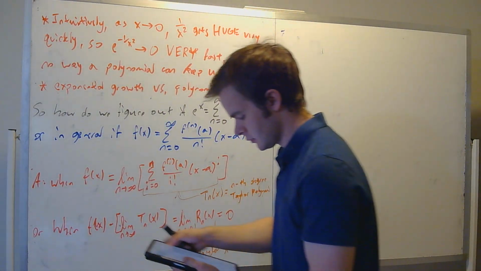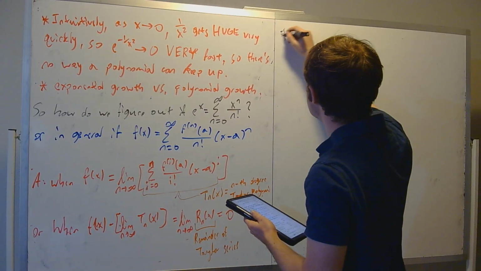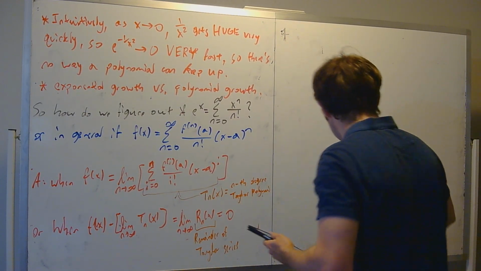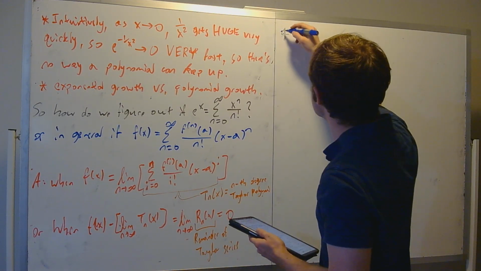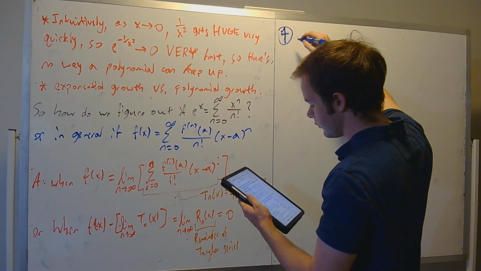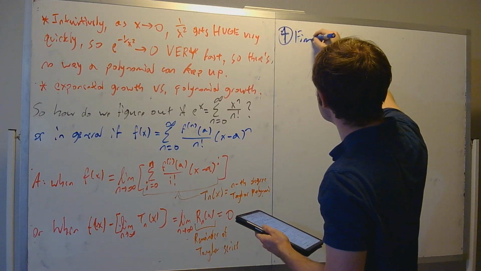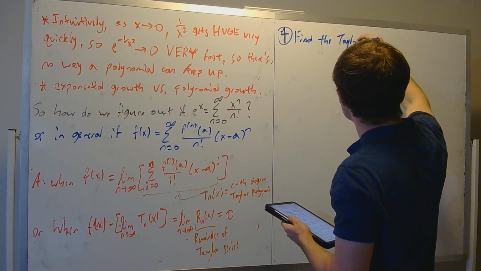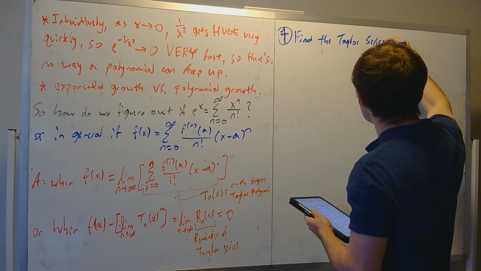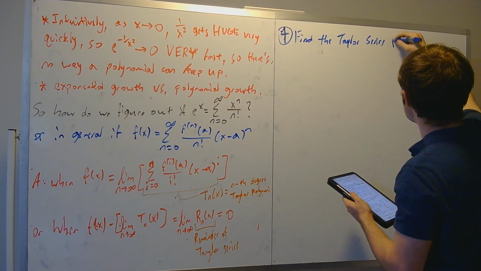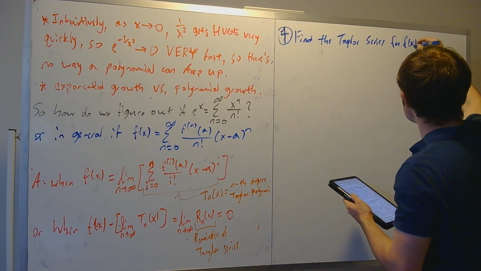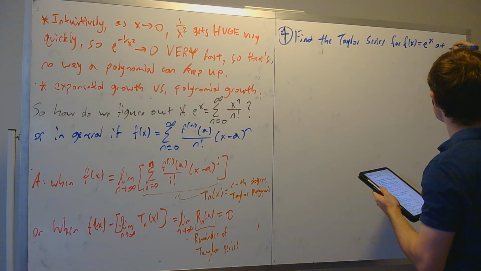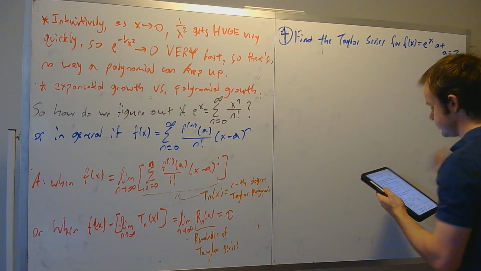So, example number 4, we're going to say find the Taylor series for f of x equals e to the power of x at a equals 2.